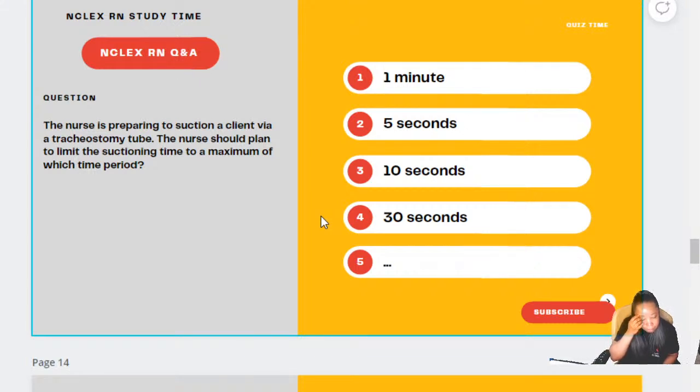If you don't do it that way, you will be removing too much oxygen, and that will cause the patient to have hypoxemia. Okay, hypoxemia is one of the complications of suctioning. You have to be careful.